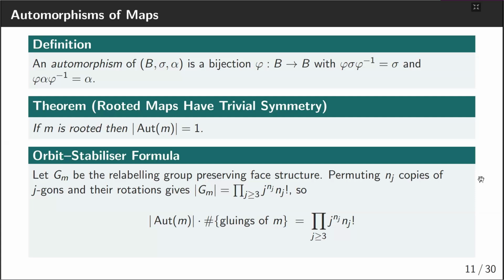We want to relabel this group, but preserve the face structure. We permute the n_j copies of j-gons and their rotations. This will give you the product expression like this. So the automorphism times the number of gluings is equal to this product. Permuting the copies and the rotations, you get this permuting formula.